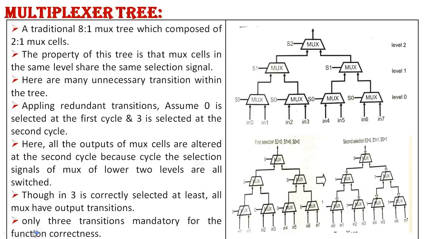Though 3 is correctly selected at last, all muxes have output transitions, while only 3 transitions are mandatory for the function's correctness. So see both diagrams. The first one is the flexibility of the tree, and below is the redundant version, applying redundant transitions in the tree.